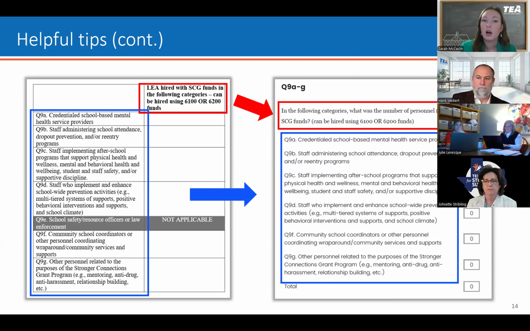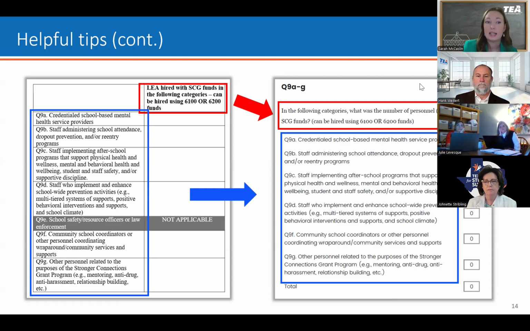The red box on the left-hand side on your fillable worksheet, this is where you will indicate how many positions were hired, using, again, 6,100 or 6,200 funds in each of the following categories, and that translates directly to the question that's asked on the actual Qualtrics form.